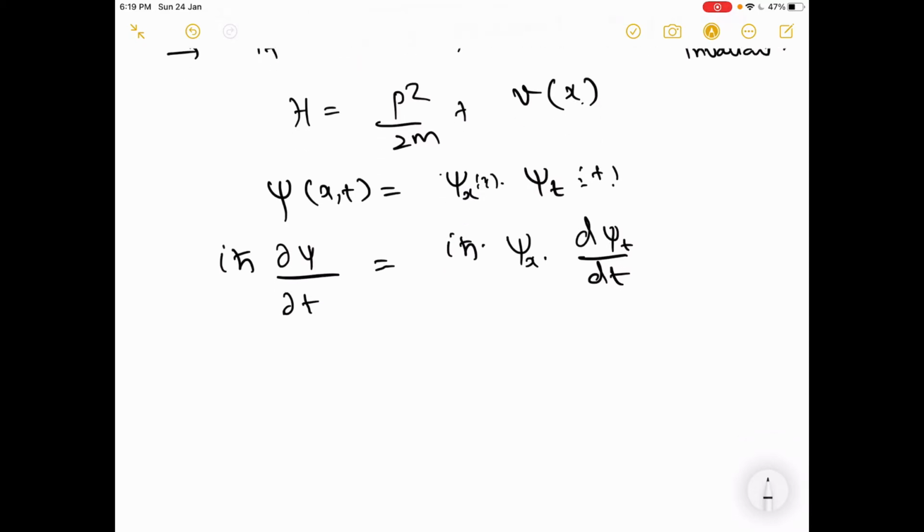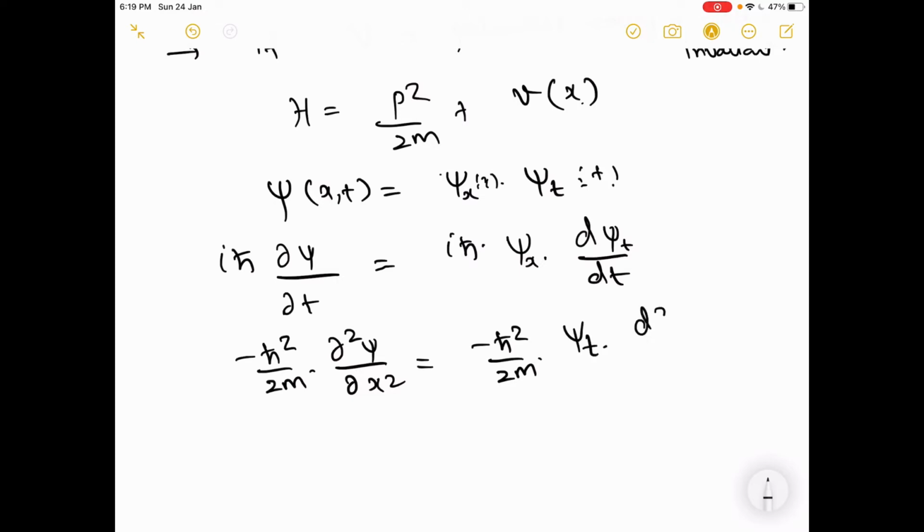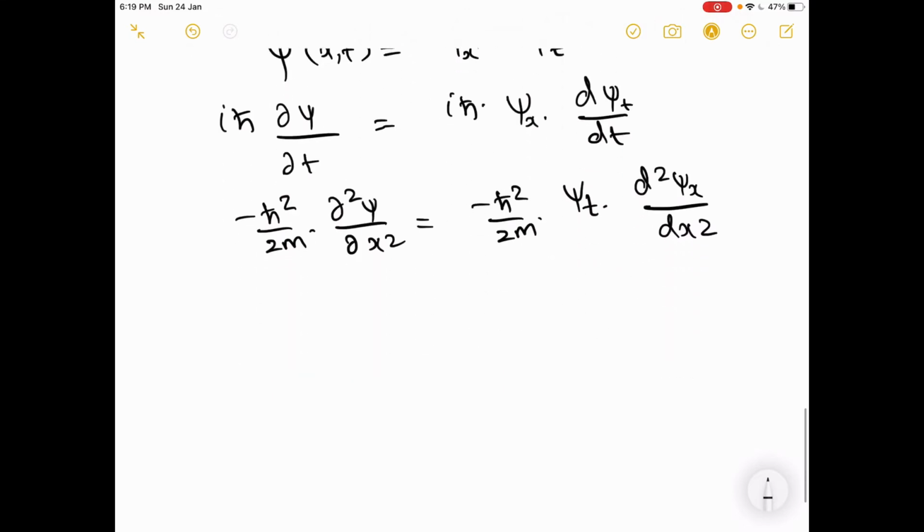And the second part, minus h bar square by 2m dou square psi by dou x square, gets converted to minus h bar square by 2m psi t d square psi x by dx square. Again following the previous thing.